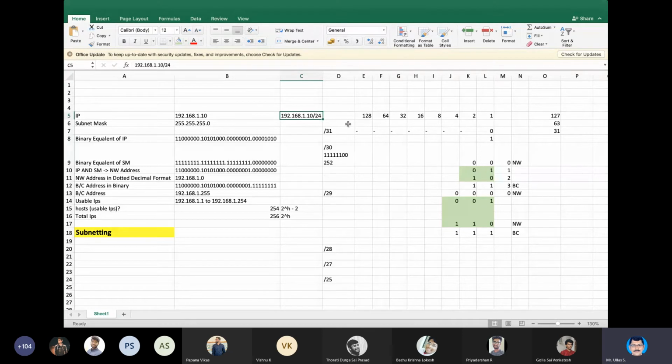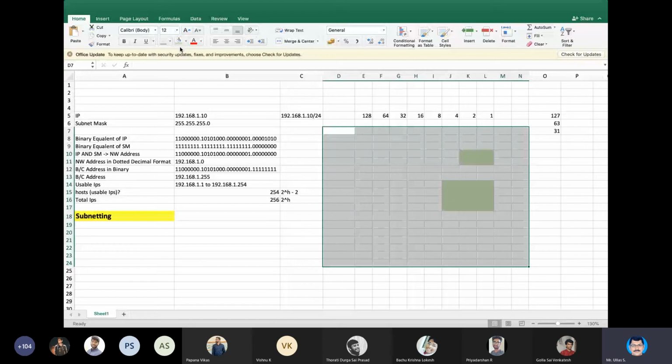Okay, so 2 bits will go for computers. Now remaining 6 bits are there with me. So remaining 6 bits I'll use for different networks. Now let us see how we are doing that. So I hope you all understood how the host part we are going to work out.